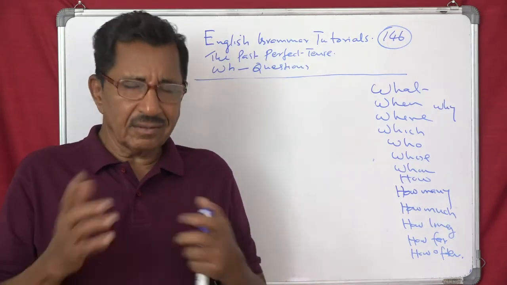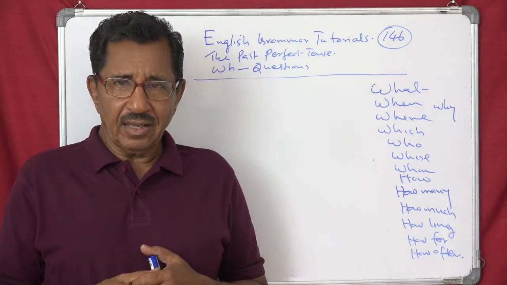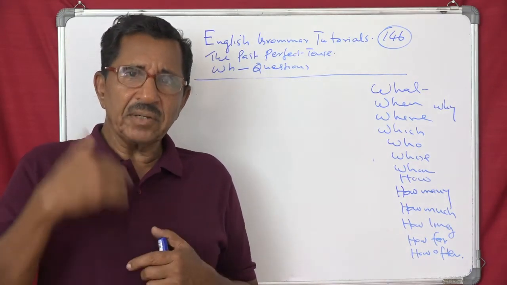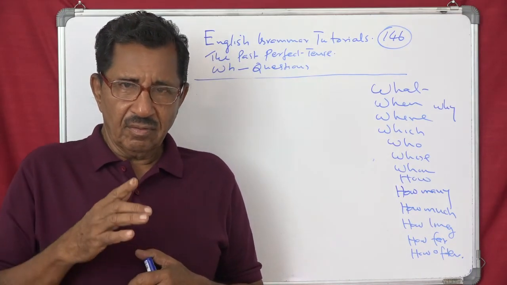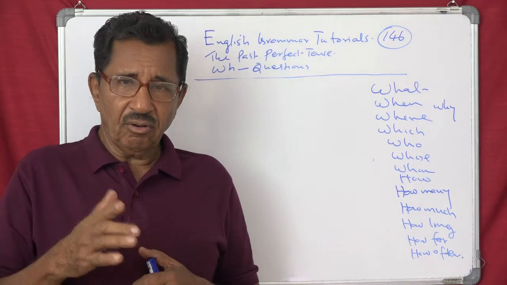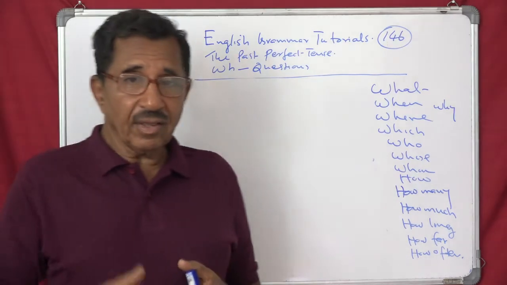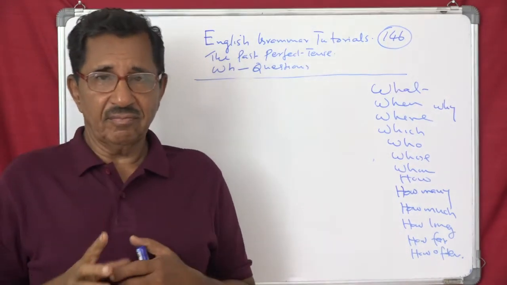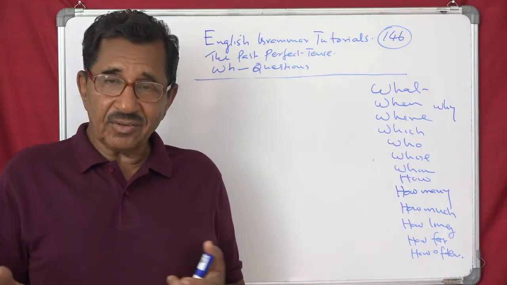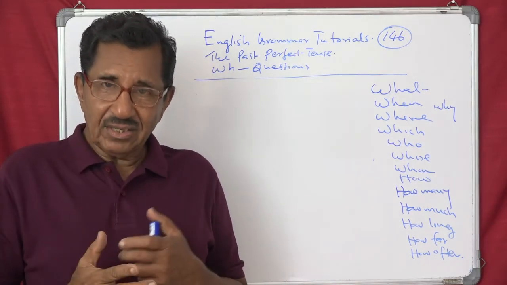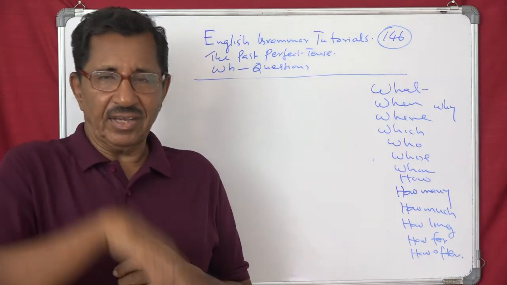Or let's take another sentence. They had carried away much wealth. How much? Or they had carried away tons of wealth. Then the question will be: how much wealth had they carried away?